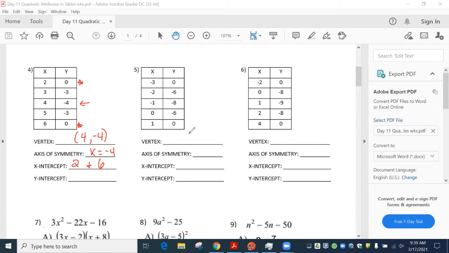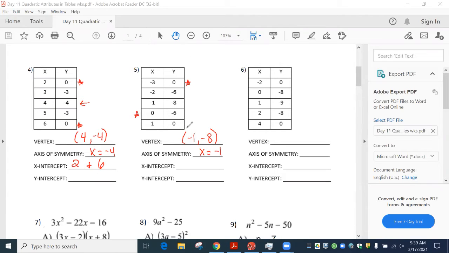All right, so over here, vertex. What's my vertex? Yeah, so we got the -1, -8. So that would make our axis of symmetry x equals -1. All right, then we're going to identify all of our zeros.